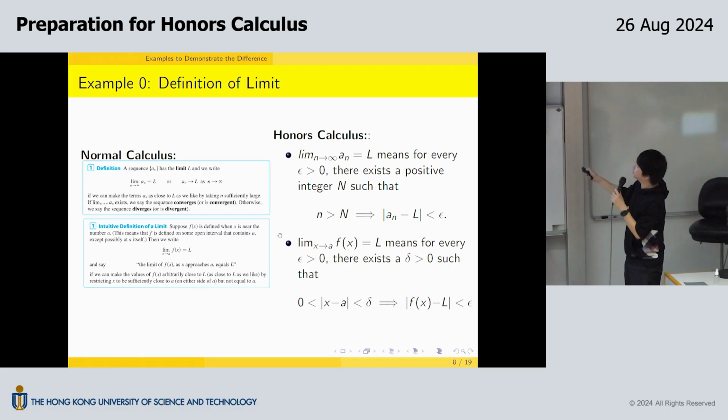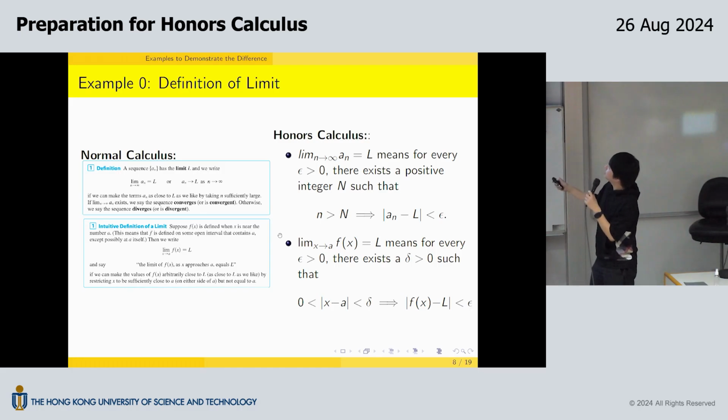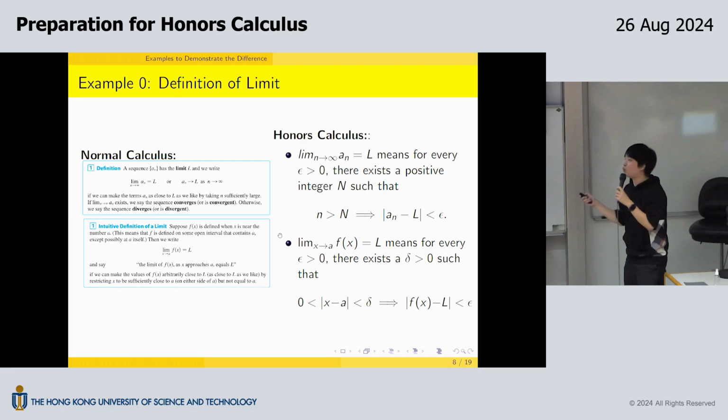So you have this logical statement for the definition of limit. In the honor calculus course, you need to understand the logic behind this definition. For example, the number epsilon here is used to quantify what it means to be as close as you like. And the number capital N is used to quantify what it means to take n sufficiently large. So the definition here is more precise and more rigorous.